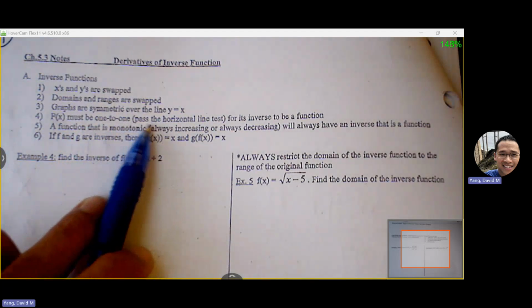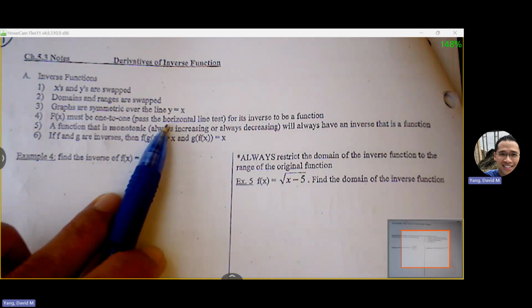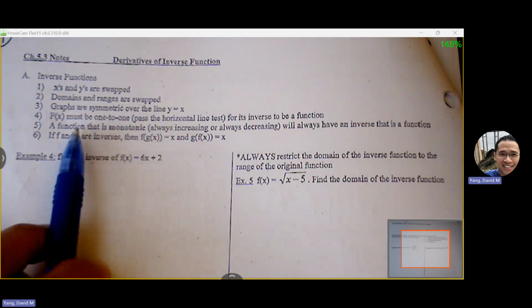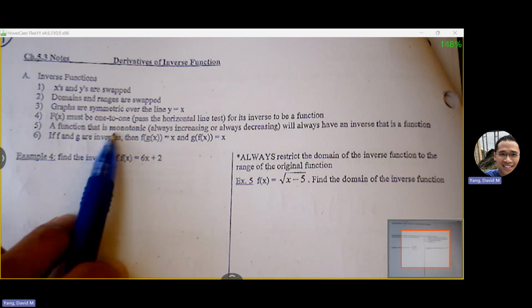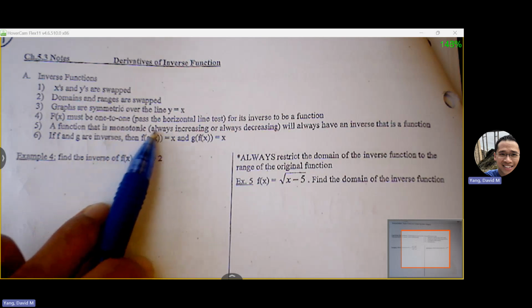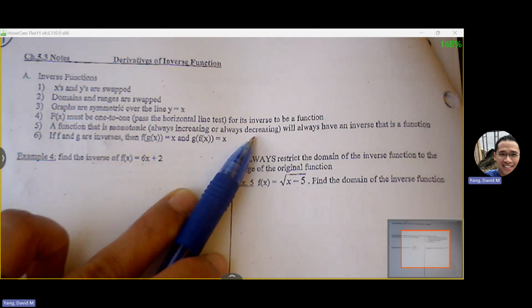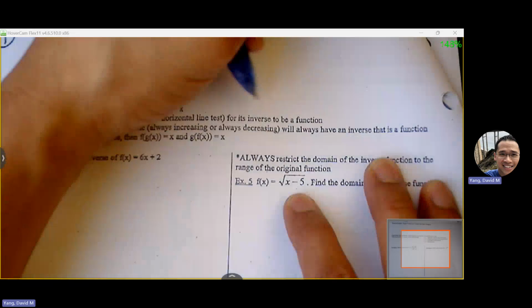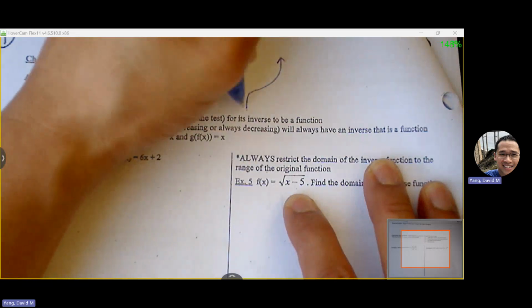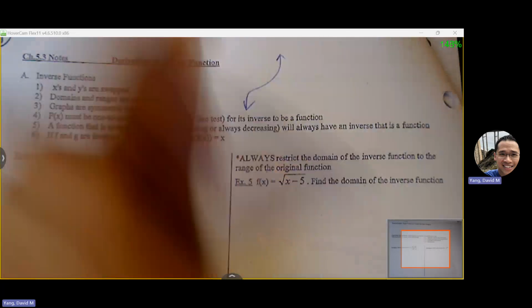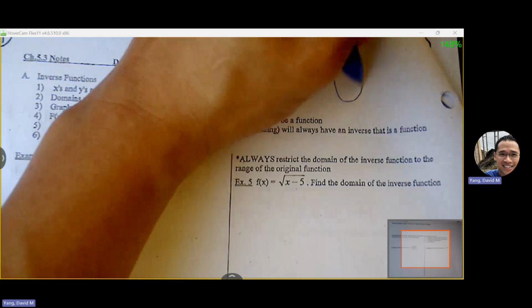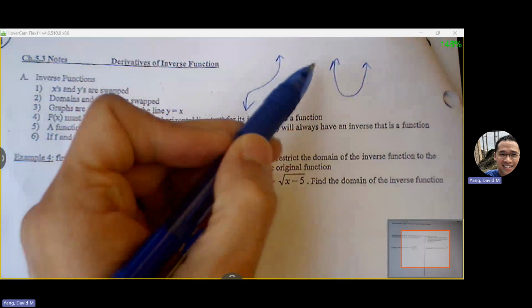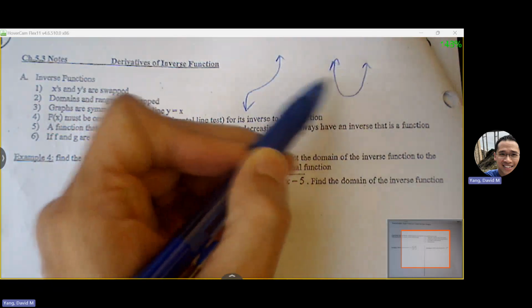Function must be one-to-one. They must pass a horizontal line test for it to be the inverse of a function. And a function is monotonic. That just means that it's always increasing or always decreasing. So a graph like this will be considered monotonic. But something like this would not be monotonic because the graph is changing direction halfway through.